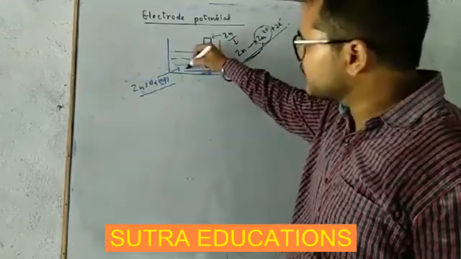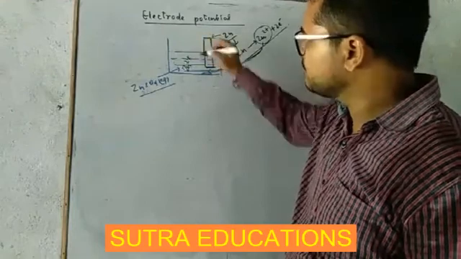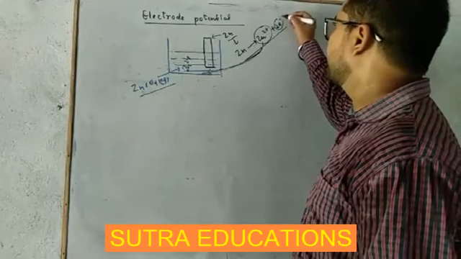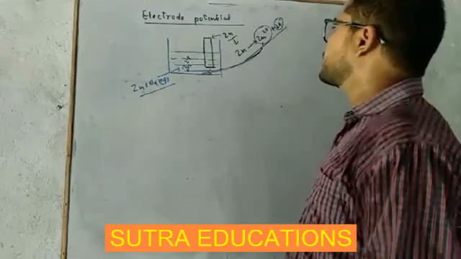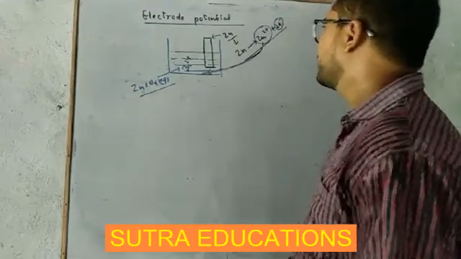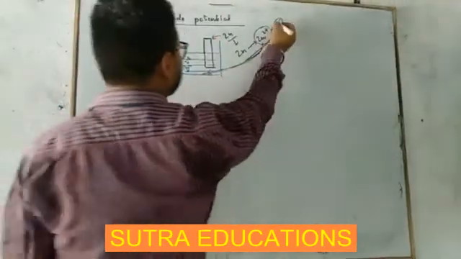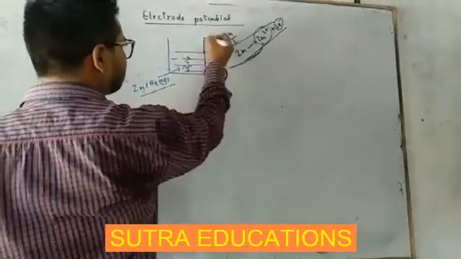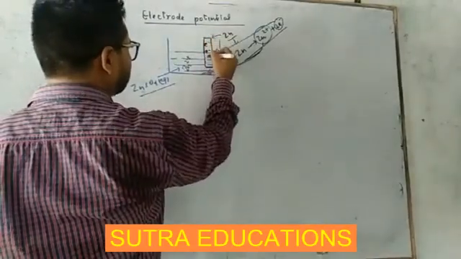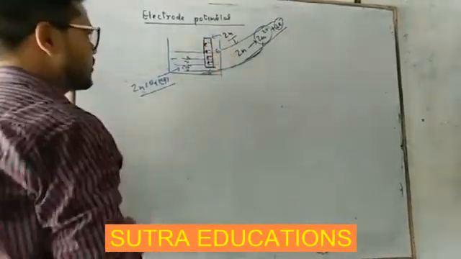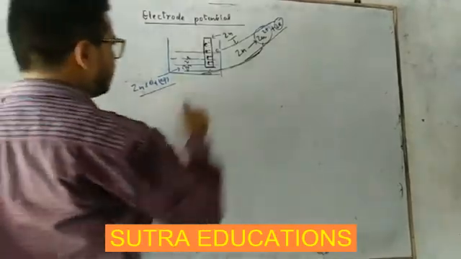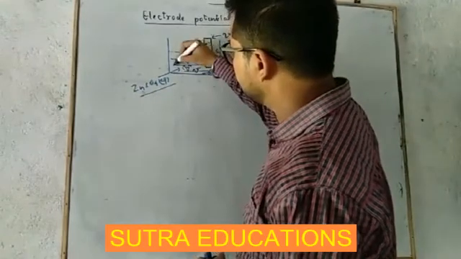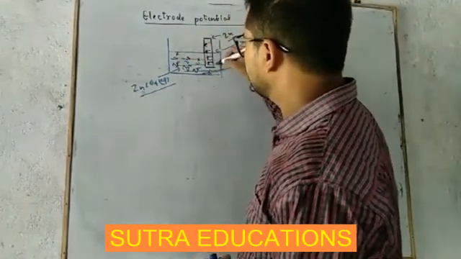Here Zn2+ will come, getting this, and these electrons will be accumulated over this metallic zinc. Getting this, and in the solution Zn2+ ions are coming.